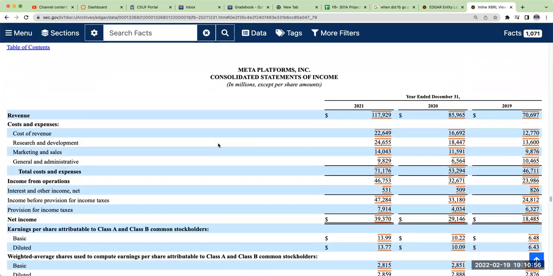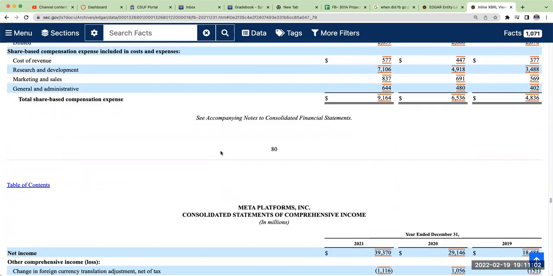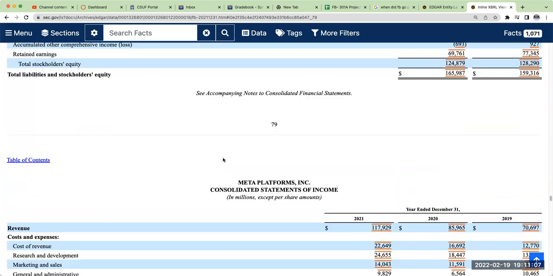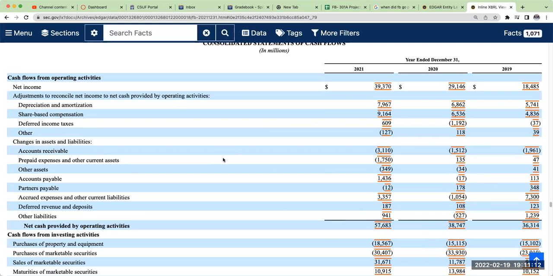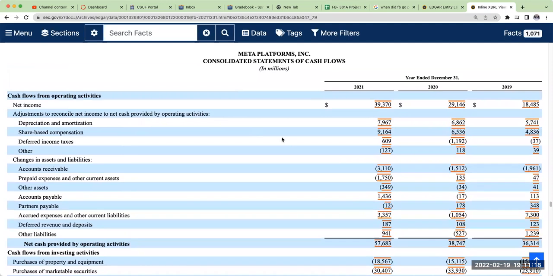As we look at this for Meta Platforms, we want to find the statement of cash flows, and I'll show you why in just a moment. In the statement of cash flows for Meta, you'll see that the share-based compensation was 9.1 billion in 2021, 6.5 billion in 2020, and 4.8 billion in 2019.